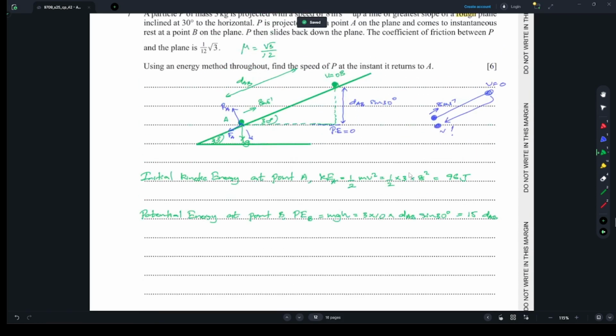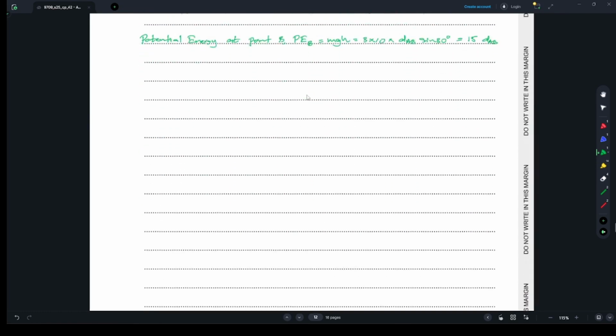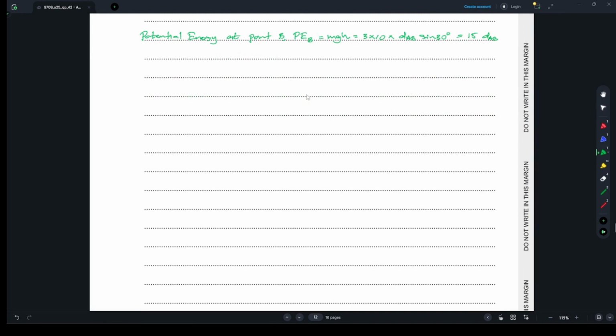What else? Also, we have an issue because why does this object stop at point B? Because of the friction. So this particle has to do some work against the friction. So we have to find out that one also. Work done against the friction.